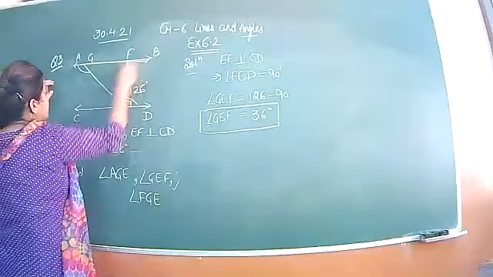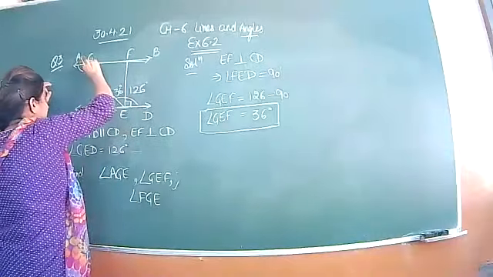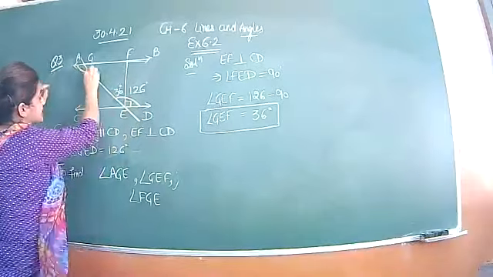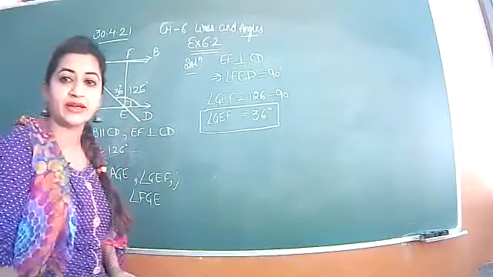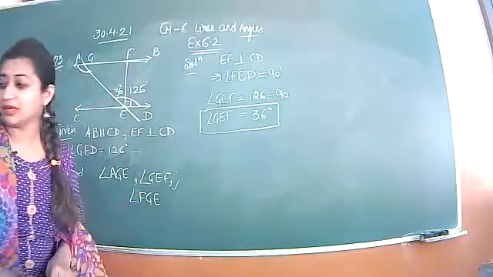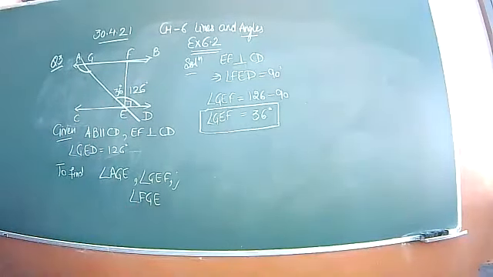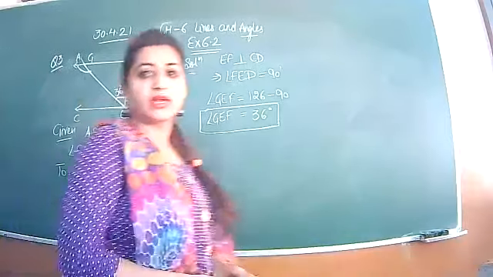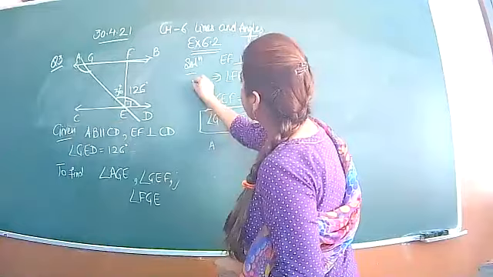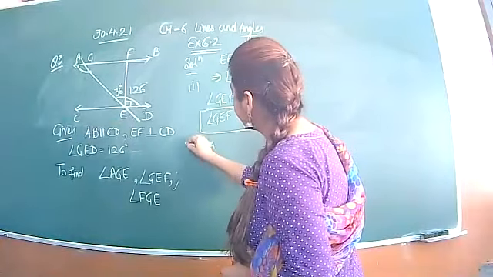As the lines are parallel and this line is a transversal, can we say that this angle is equal to this angle? Alternate interior angle. So your AGE angle is 126. Is it okay?